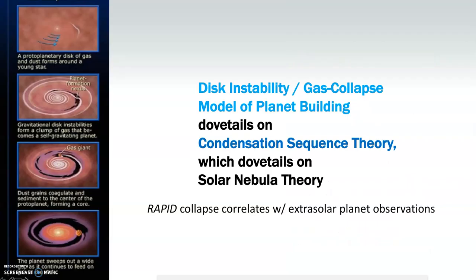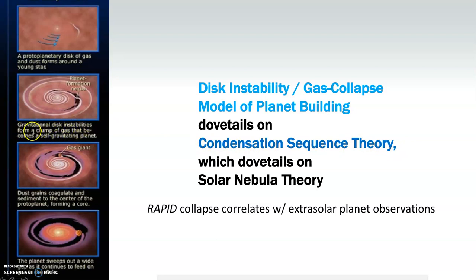Now, we still haven't talked about the disk instability model, which really concentrates on the Jovian planets, the farther out planets. This model also relies on the disk theory from solar nebula, and it relies on the condensation theory from going from dust particle to a clump of gas.